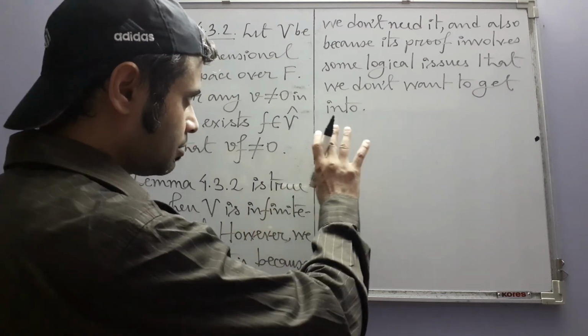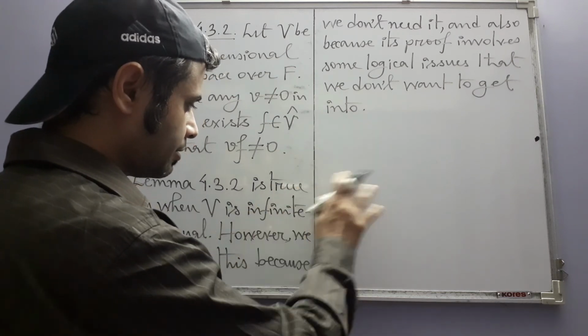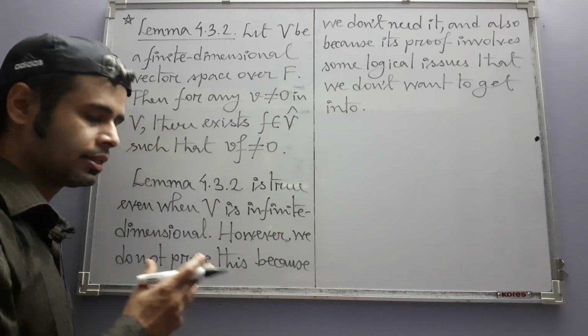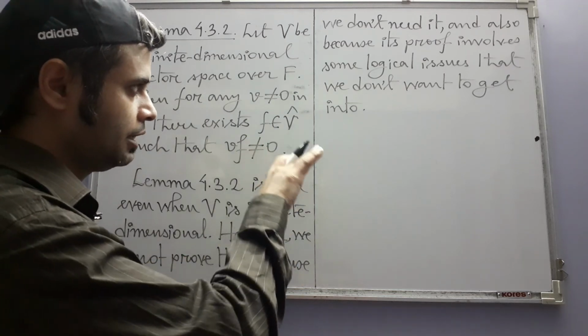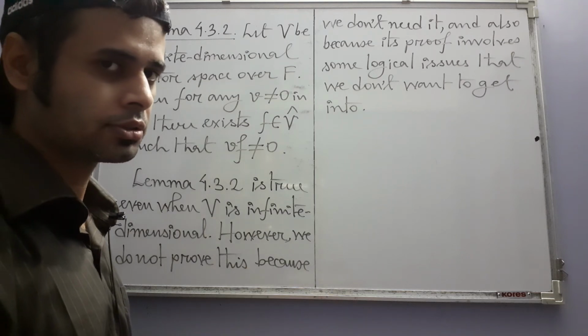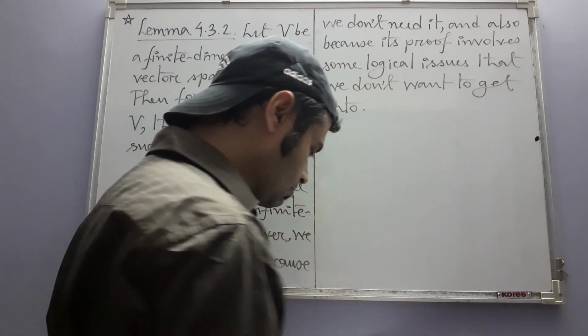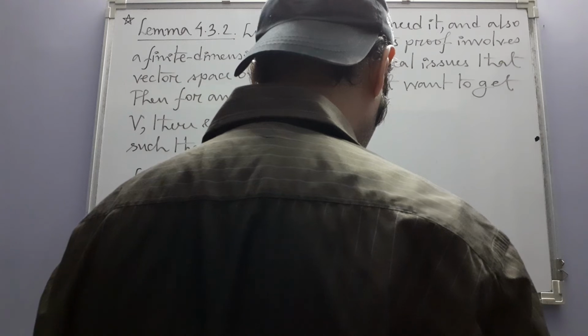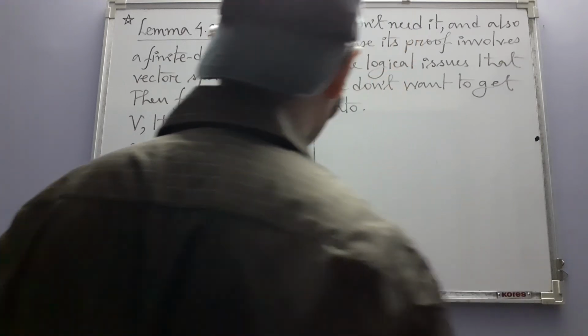So these few things like this that we encounter here and there in this book, we will just keep hanging for a later, more advanced course. Okay, so that's the thing.